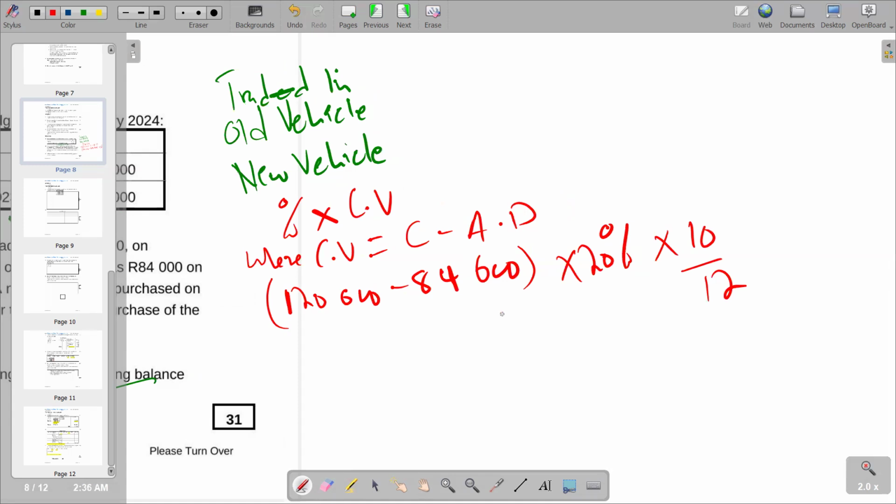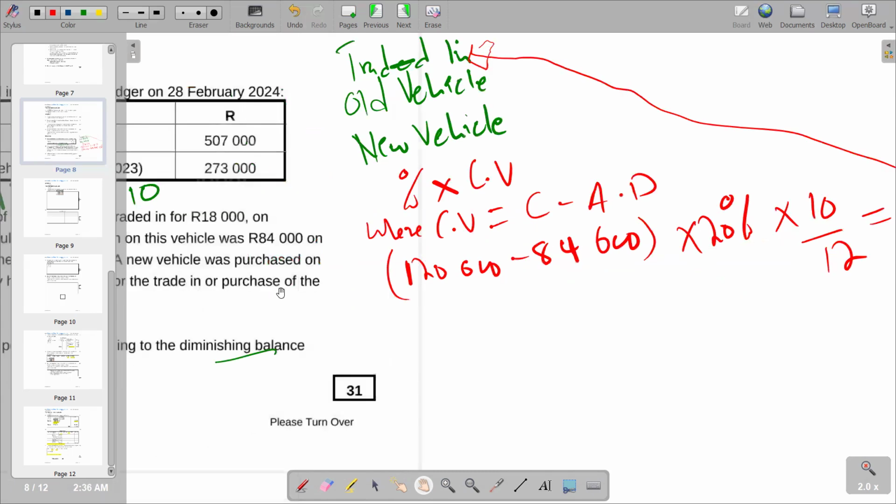The answer we get is 6,000, representing the traded in vehicle. Now we want to go to the old vehicle.